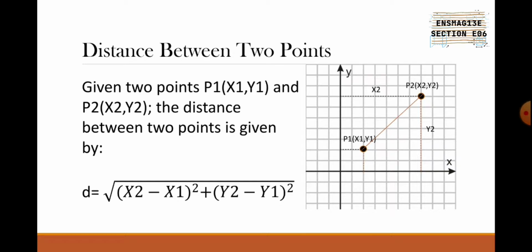As you can remember from our previous discussion, your x here refers to the distance along the x-axis, and your y is the distance along the y-axis. The distance between them is given by the formula D. Be sure to remember this one, since most of our problems will involve the computation of the distances between points.